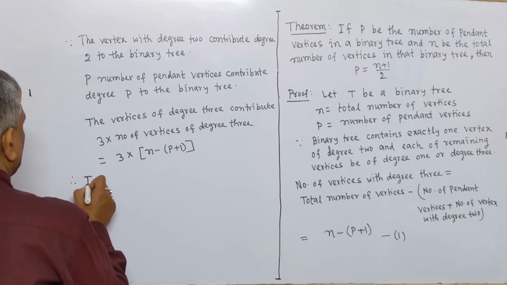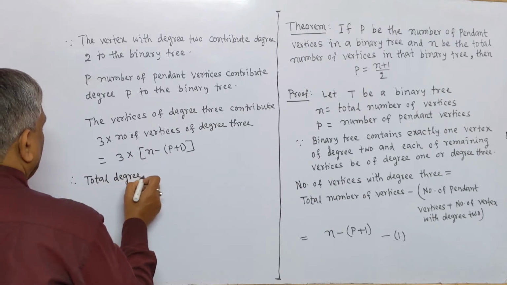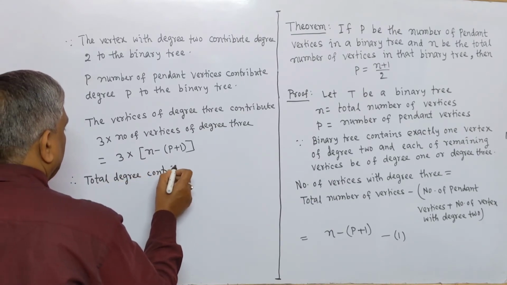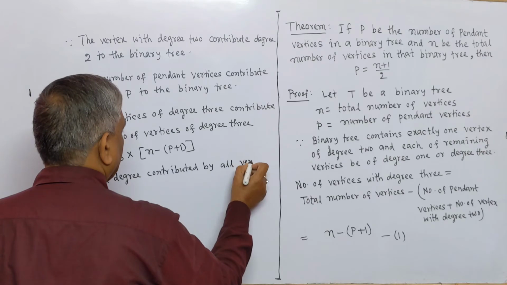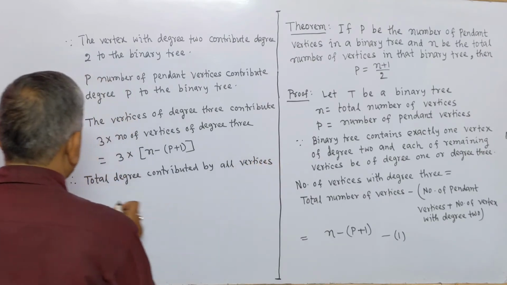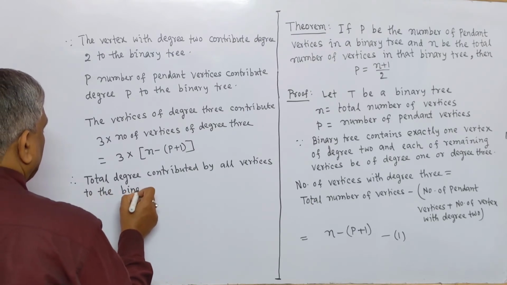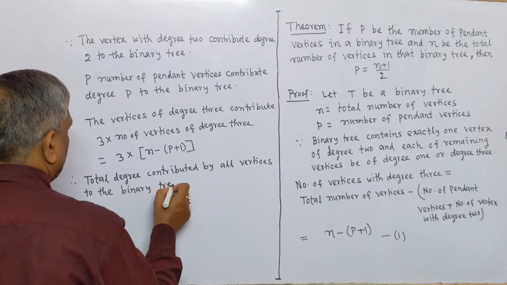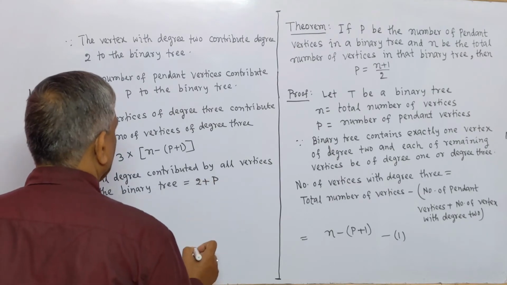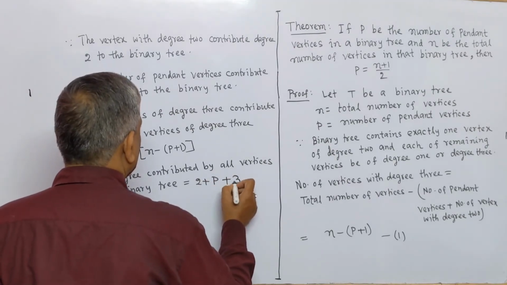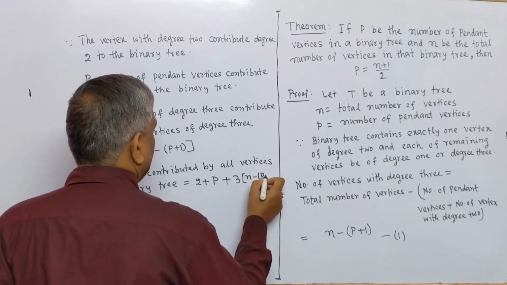Therefore, the total degree contributed by all vertices to the binary tree is equal to 2 plus p plus 3 multiplied by n minus p plus 1.